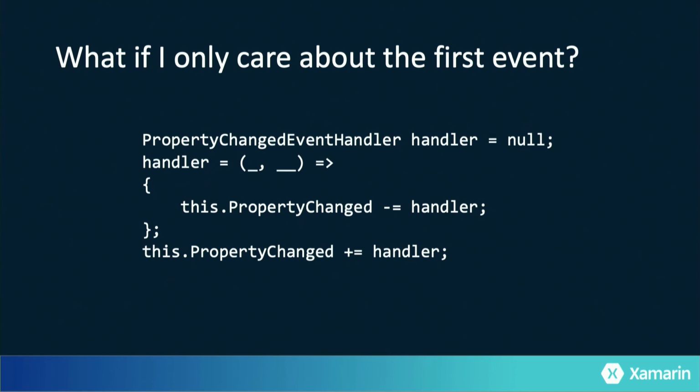Then you assign the handler, and then you do the handler at the end. So there's kind of this excessive ceremony that comes from these set of operations. So this looks familiar. Has everyone written this kind of code before? Yeah? All right.